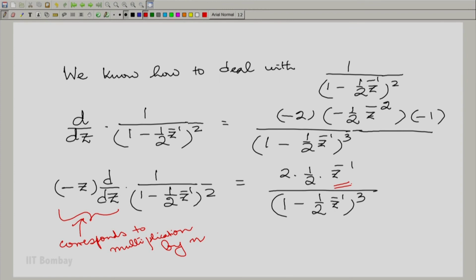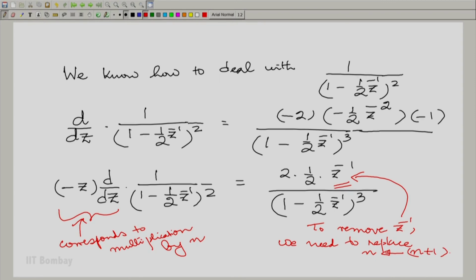If you do not want the z inverse factor, you need to advance the sequence by 1. So, essentially you are multiplying by z. So, you are advancing the sequence by 1. It is a shift, is not it? We have seen that before. If you shift a sequence, then it amounts to multiplying the z transform by an appropriate integer power of z.